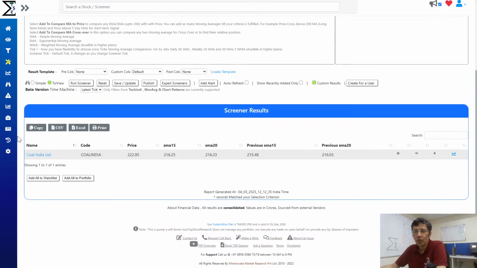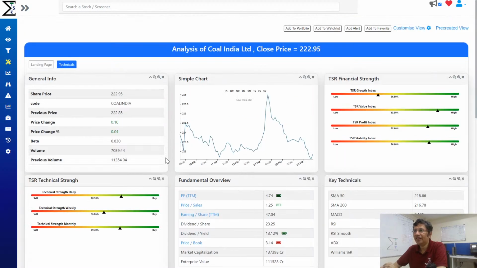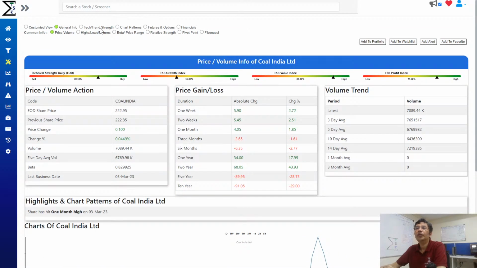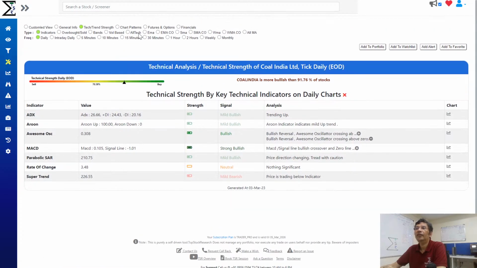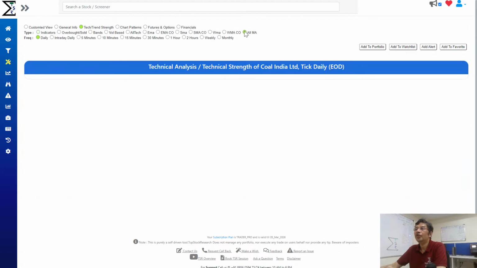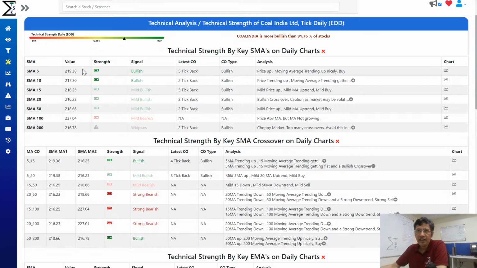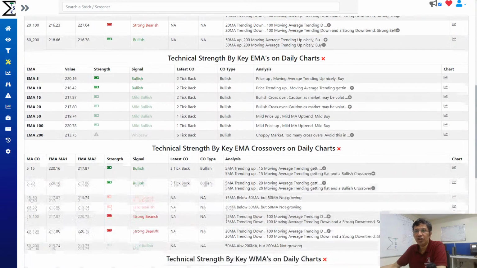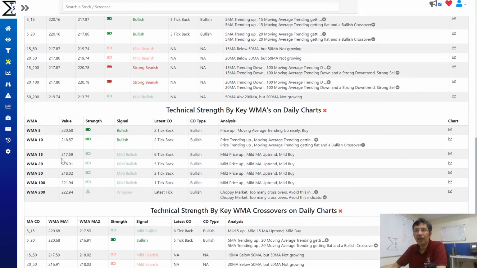Also, what we'll do is we'll just go to Coal India and look at some of the moving averages which we have in the system, right? Pre-created view, go to technicals, and we go to all moving average, right? So if you see each moving average, simple moving average crossovers, exponential crossovers, and weighted moving average crossovers, right?